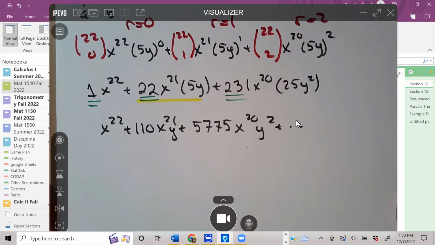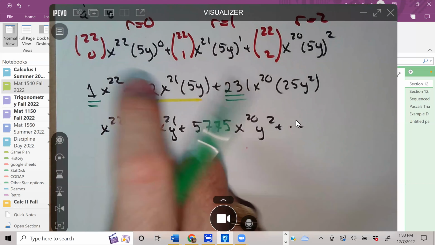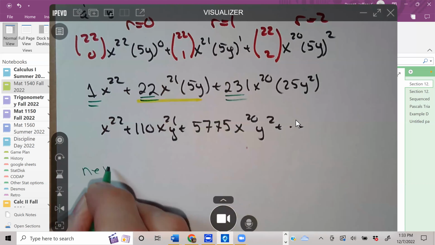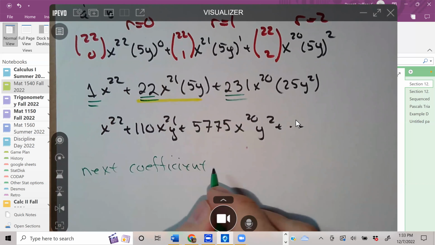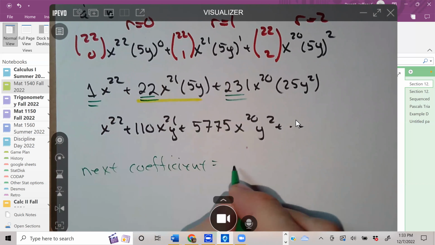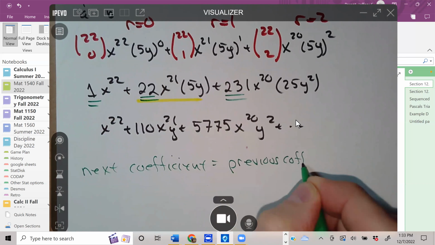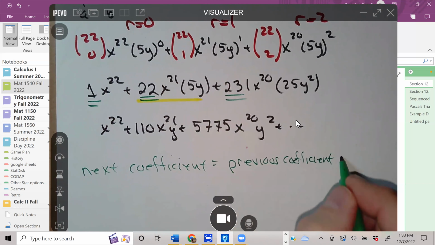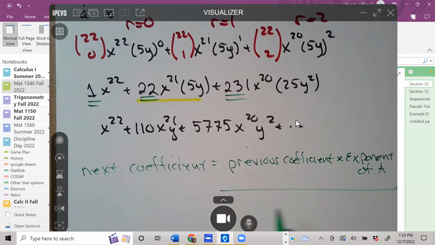How do you come up with those? Well, the first one's always going to be 1. But the next coefficient is going to equal the previous coefficient, times the exponent of a, divided by the number of the term.